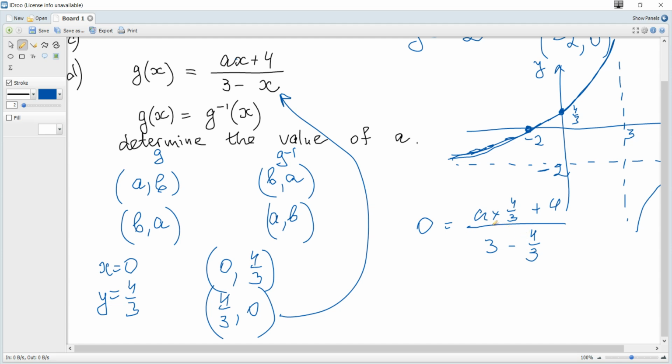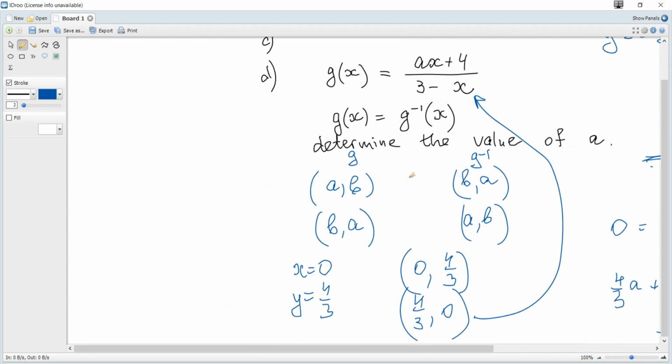We can see again the fraction is equal to 0, so the numerator is equal to 0, 4 over 3 a plus 4 is equal to 0, and we can see that a is negative 3. And it's the required value for a.